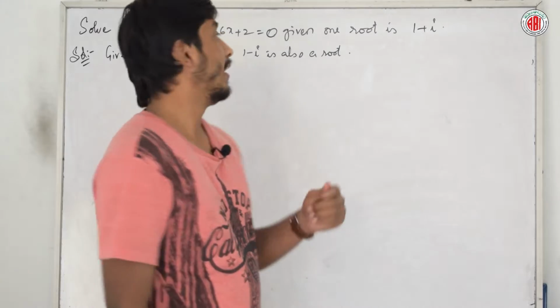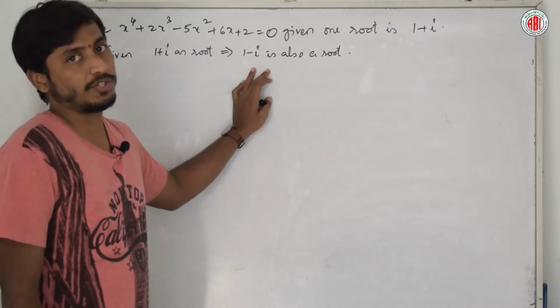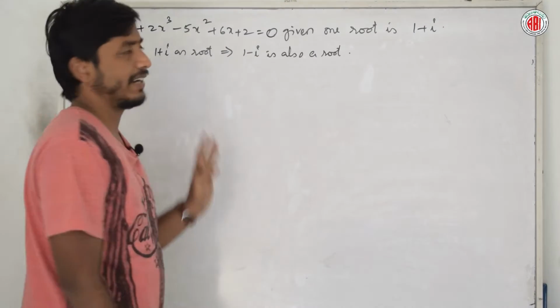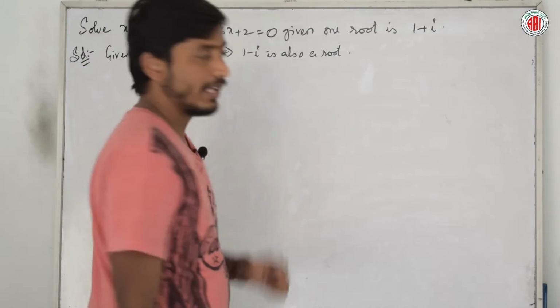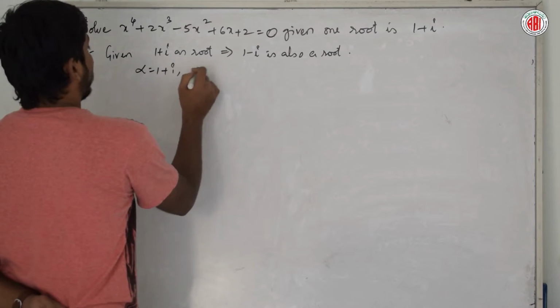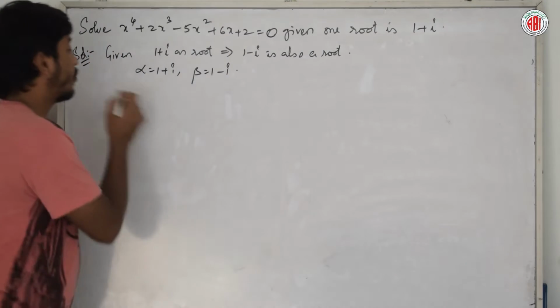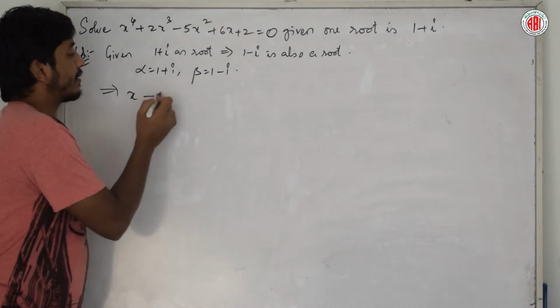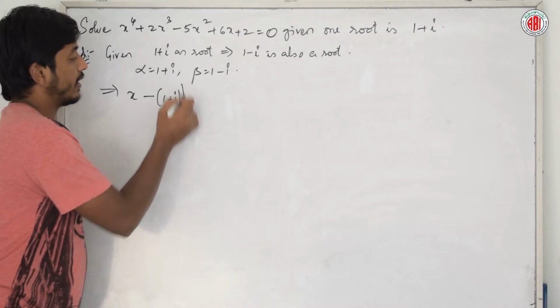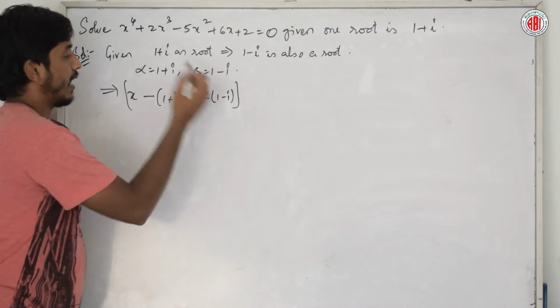Okay, so let us find an equation by using these two roots so that we can easily divide this power 4 equation. See here, alpha is 1 plus i, beta is 1 minus i. So what is the equation now? x minus of 1 plus i, x minus of 1 minus i.